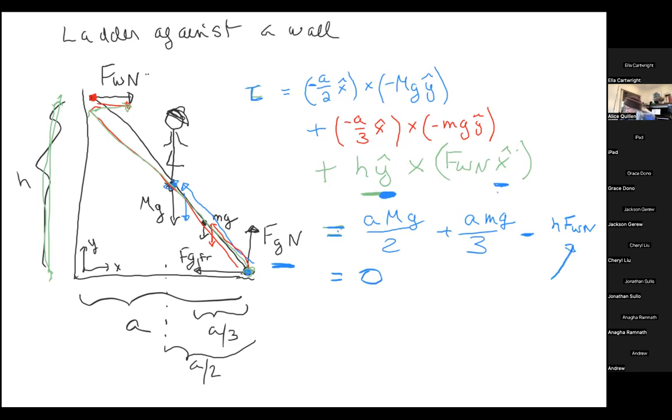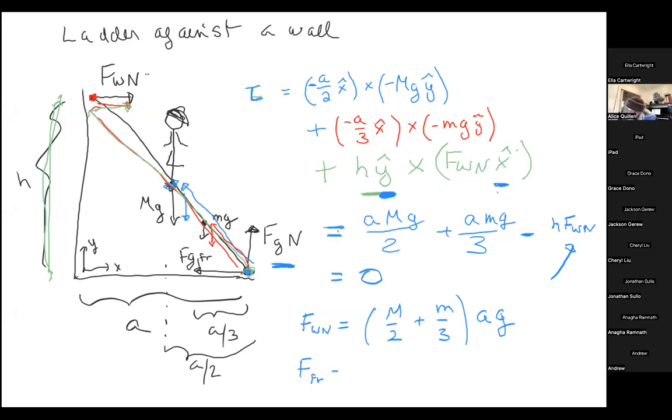Previously we had a constraint that related the friction force to the normal force. So let's write down, we have wall normal has to equal AM, actually it might be nice to write this a little bit differently, M over 2 plus M over 3 times AG, right? And then we had a constraint before that the friction force is plus the normal force. They have to be the same thing.